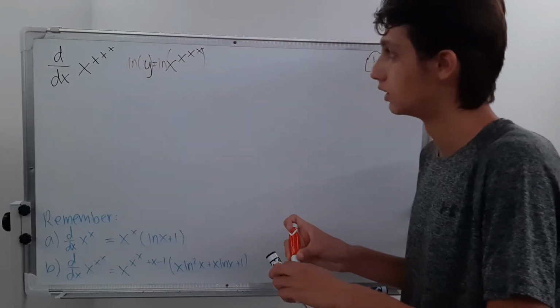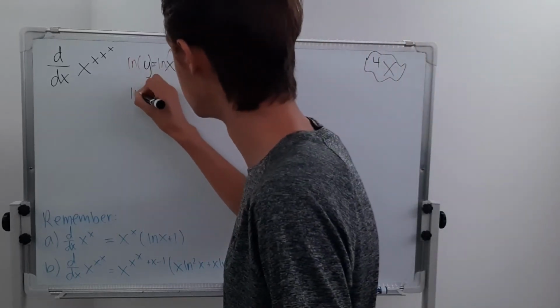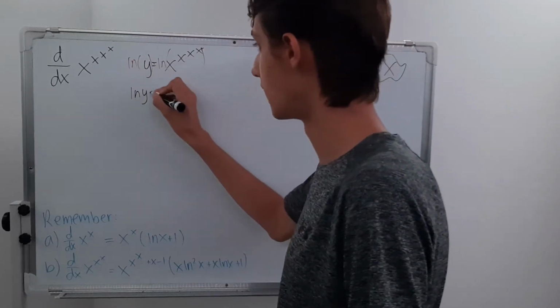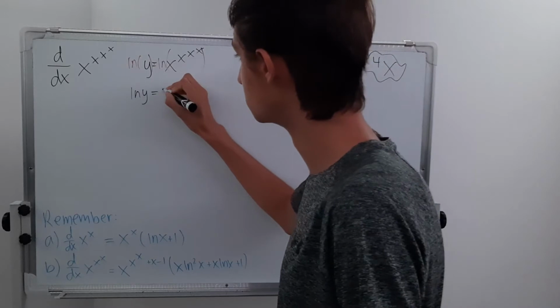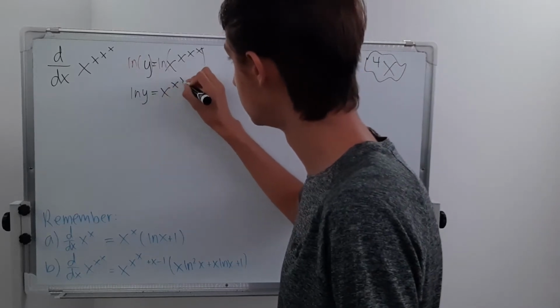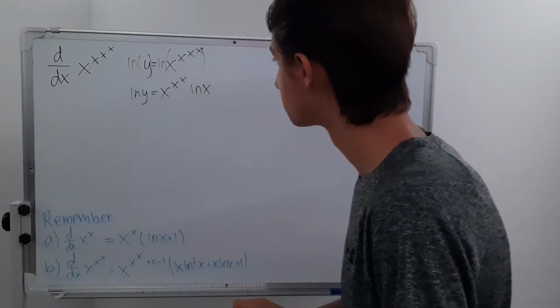So this becomes ln y, and that is equal to, well, we bring all those exponents to the front, x to the x to the x times ln x.